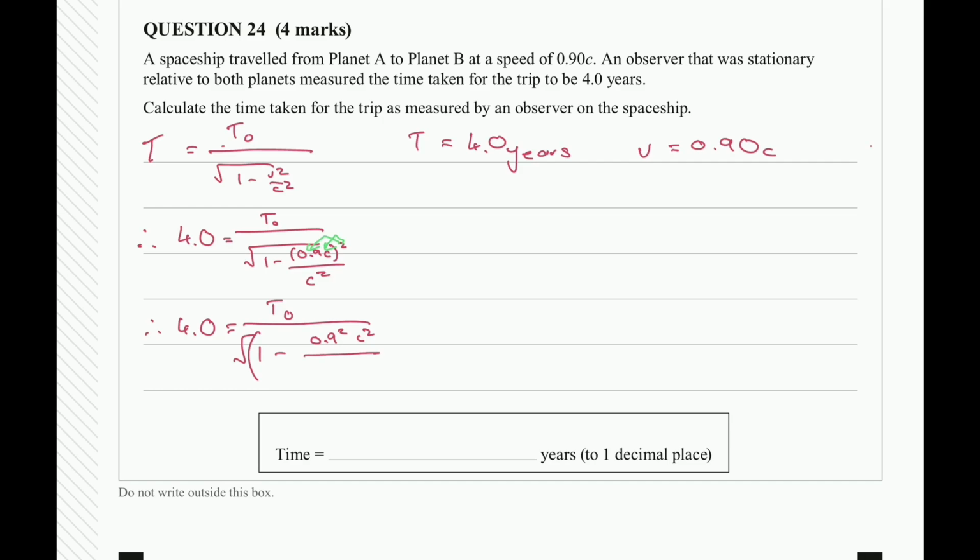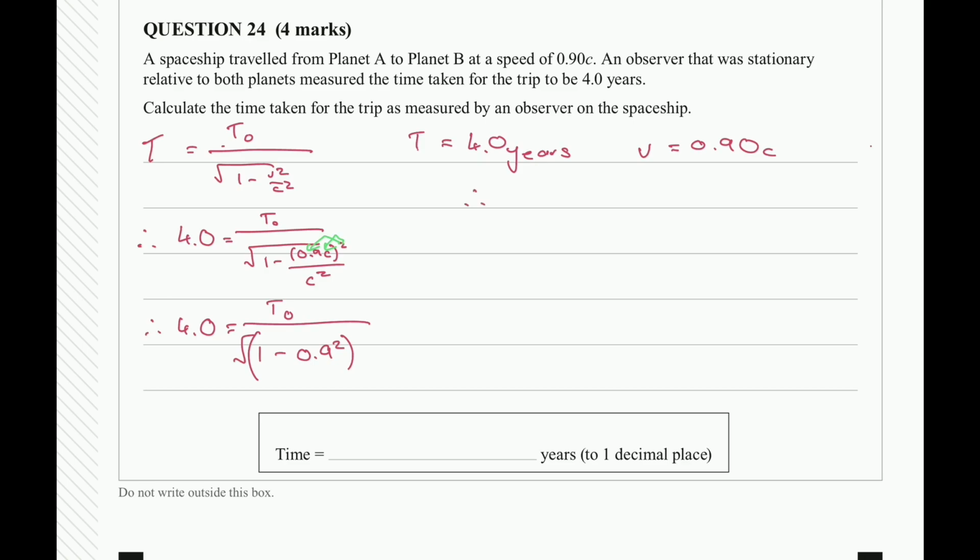And then we have it divided by c squared. What we know is we can tidy this up and cancel out the c squared. So I'm going to clean it up in this step. And what we end up getting left with is 1 minus 0.9 squared, in brackets.